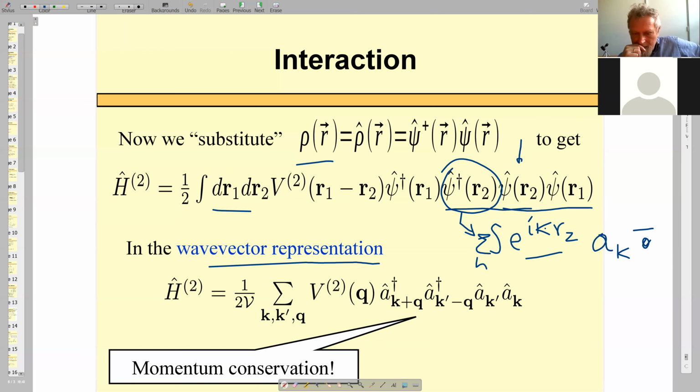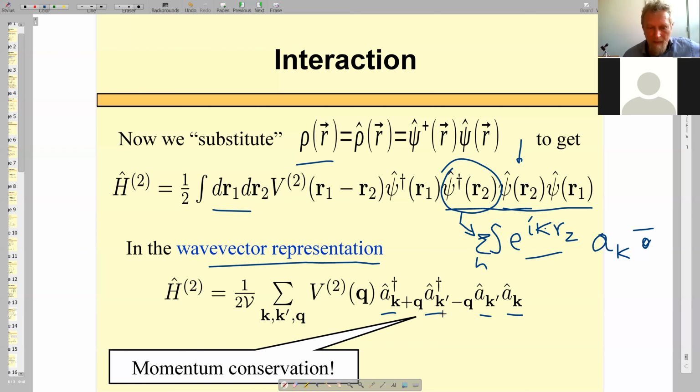All right. So let's see what I have here. I have annihilated particles with k and k prime, and creation of particles with the same sum of two vectors. The total wave vector of two particles is the same.